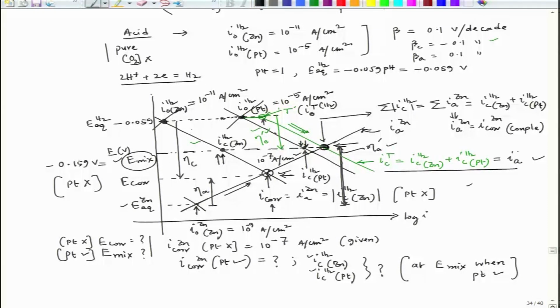How? We have to just consider this line for finding out this particular current density, and that time my overvoltage would be eta prime. Similar overvoltage will have to be applied for this particular line. So, then you will get both those current densities.